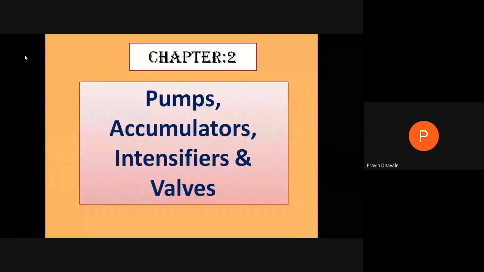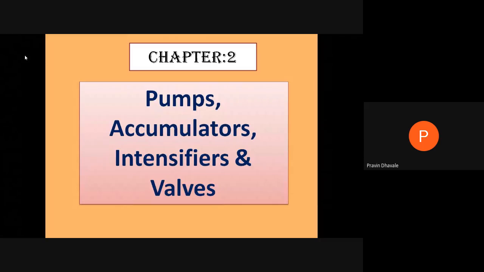And the next element, that is the valve. Valves are the devices which will regulate the flow. Such valves are called flow control valves. There are certain valves which will regulate the pressure. They are some category of the pressure control valve. And in certain cases, there will be a requirement to regulate the direction of the pressurized fluid in order to carry out different mechanical operations.